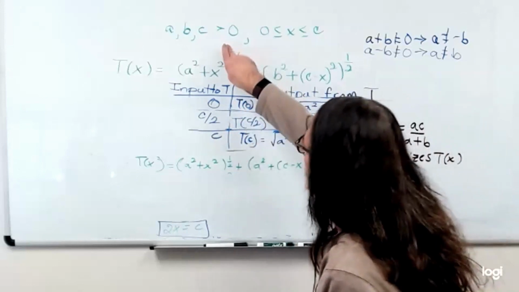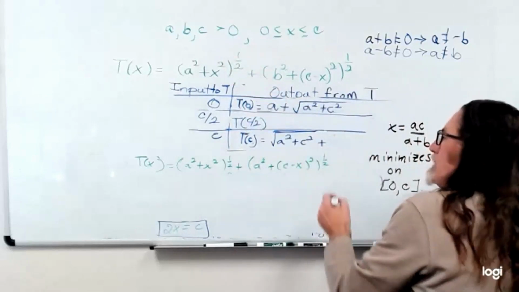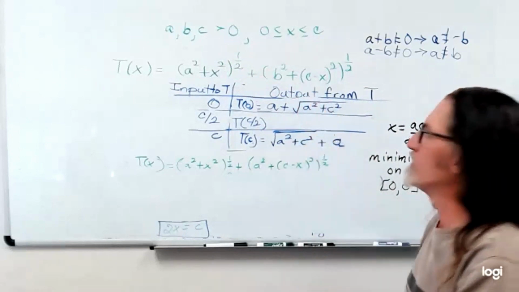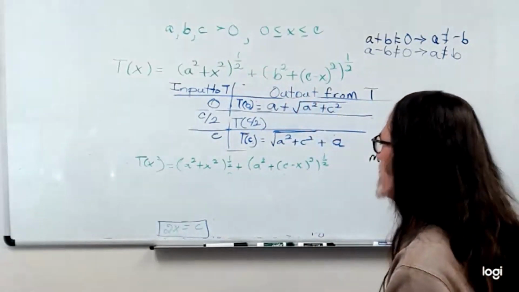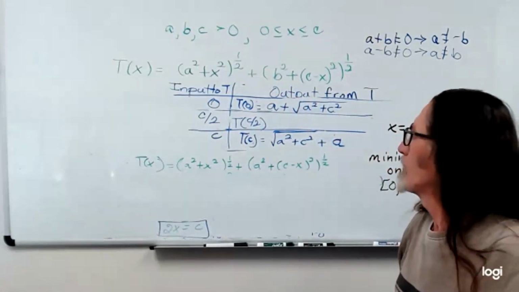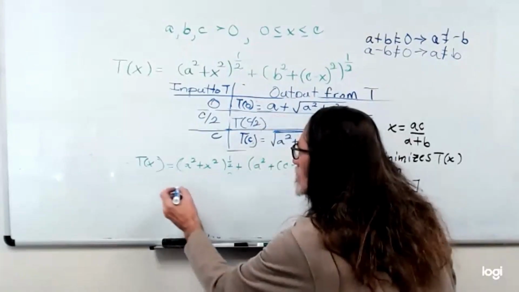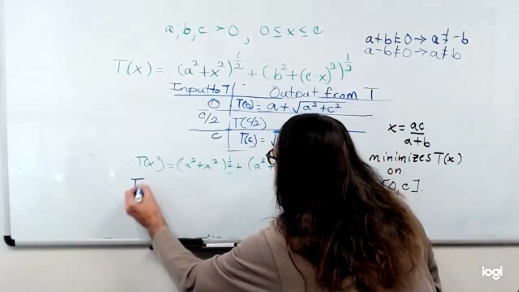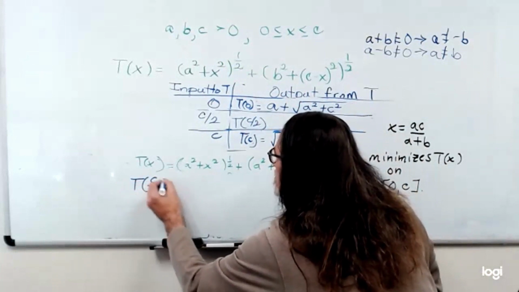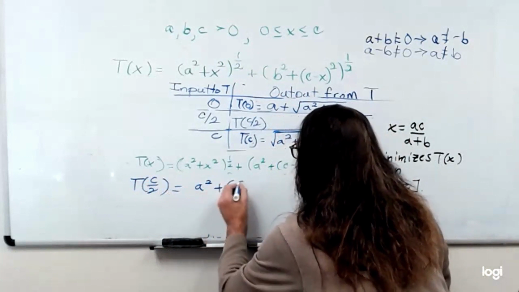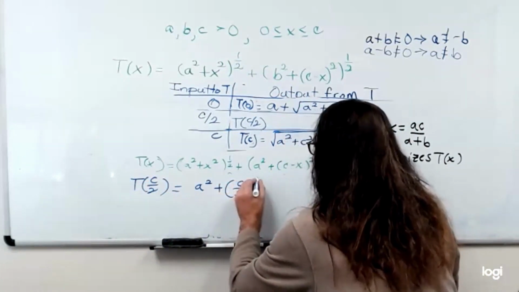Take the square root of that non-negative a squared, and we just have a. Okay, so we're looking at the same thing at either endpoint when a equals b. What about when we put in c over 2 for x?